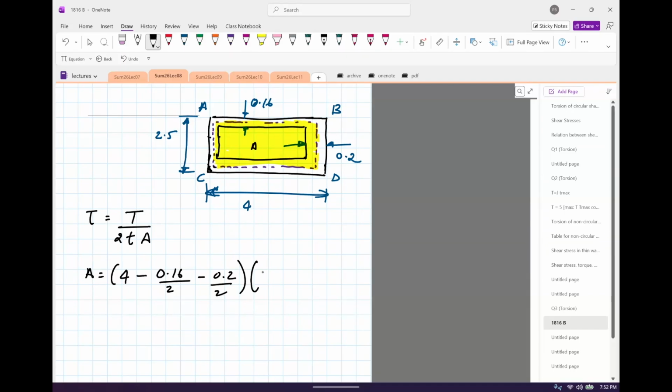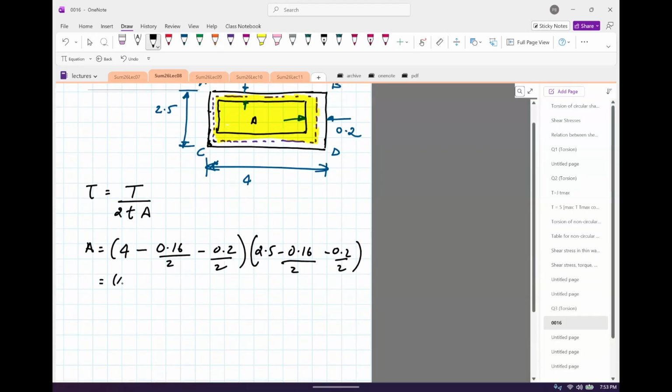If you want the height, it's going to be 2.5 minus half of 0.16 minus half of 0.2. So this is 4 minus 0.08 minus 0.1, and 2.5 minus 0.08 minus 0.1.